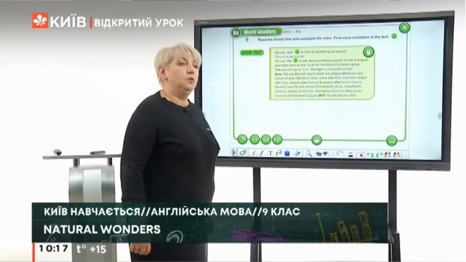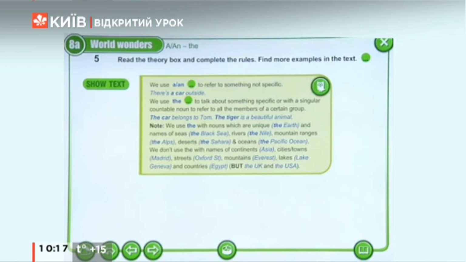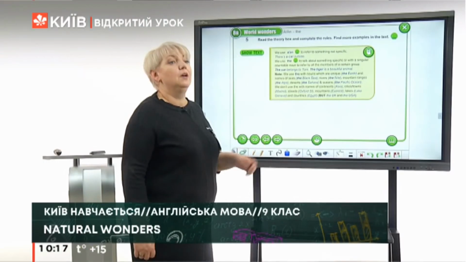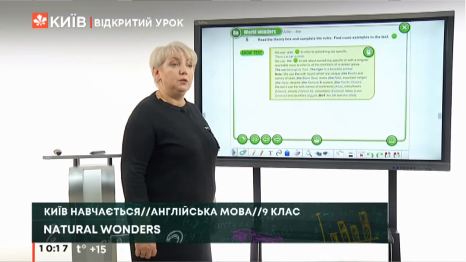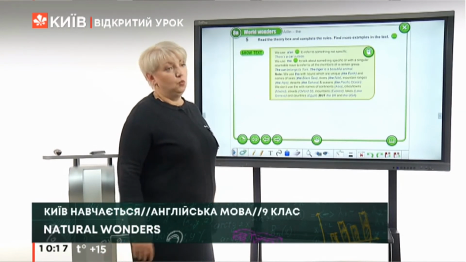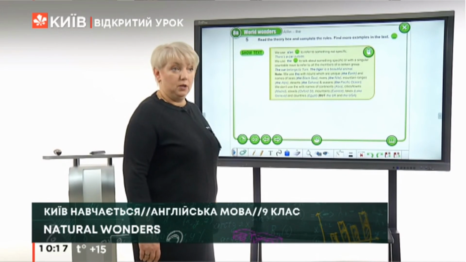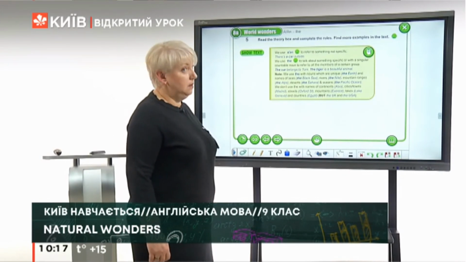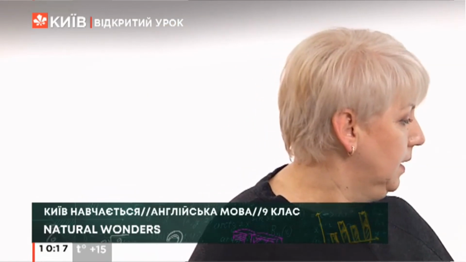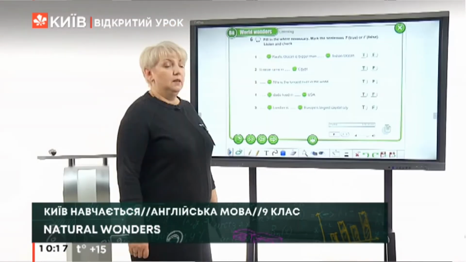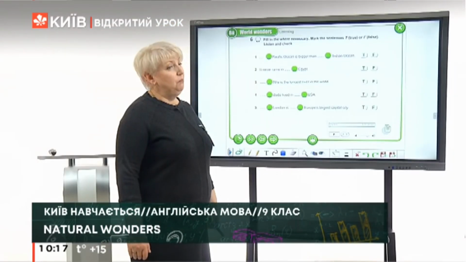The USA, the United States of America: the main word in this word combination is states. So we use the. But with the word America, we don't use any article. Good. I think everything is easy. So let's have some practice, because without practice, these rules don't work.